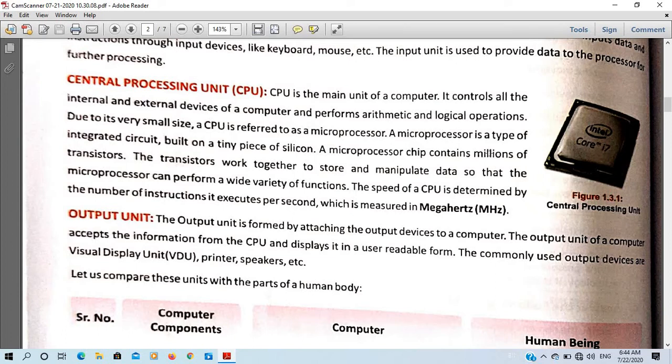A microprocessor is a type of integrated circuit built on a tiny piece of silicon. Do you know about silicon?